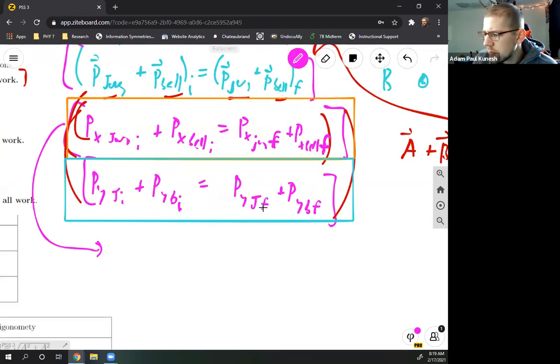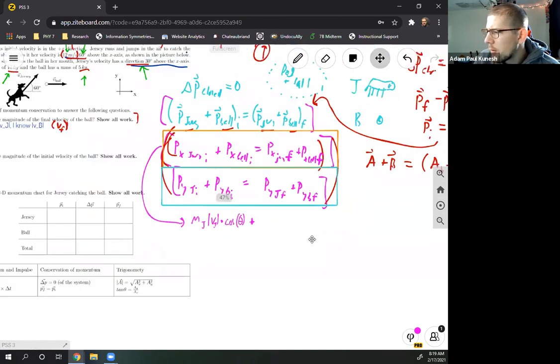So the momentum in the x direction is going to be m Jersey times vx Jersey, which is m times the magnitude of velocity of Jersey times the cosine of the angle measured relative to the horizontal. All right, the second term, what's px of the ball?